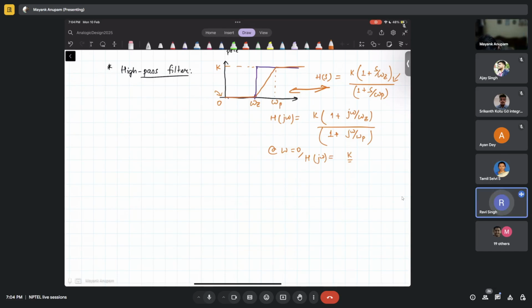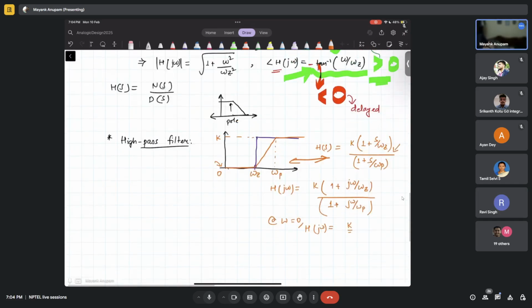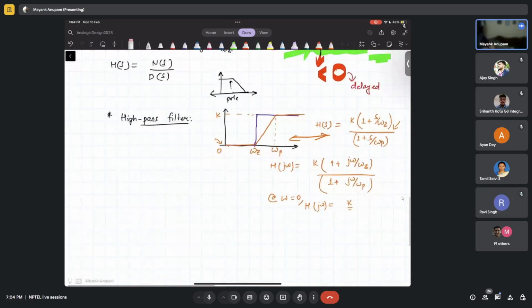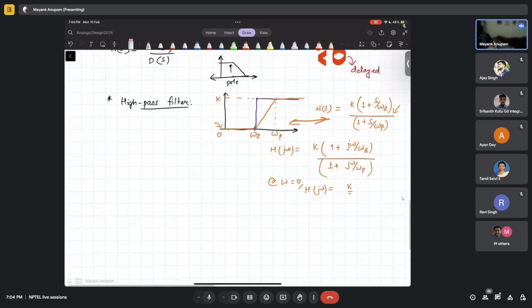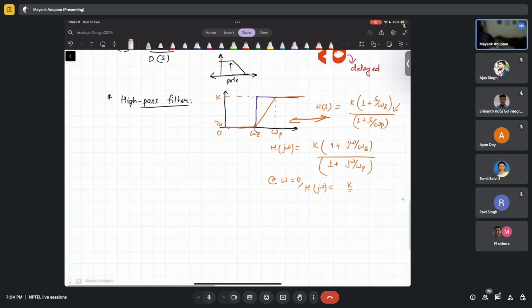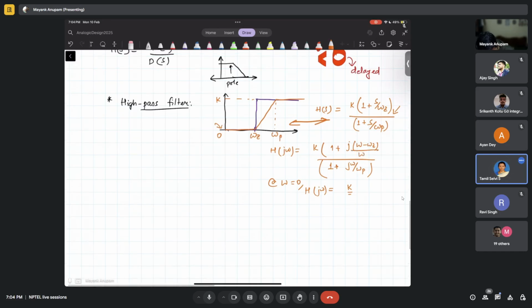There will be a zero as well. So this plot is actually not correct. Till omega is equal to omega z, you do not have any of this, so it will be like this, something of this kind, right?